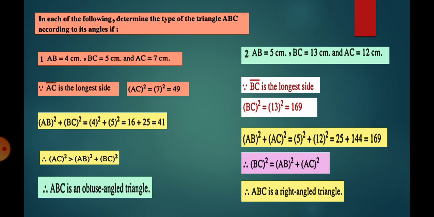If the square of the longest side is greater than the sum of the squares of the two other sides, then this triangle is obtuse angled. If it equals the sum, then this triangle is right angled. If the square of the longest side is less than the sum of the squares of the two other sides, then this triangle is acute angled.